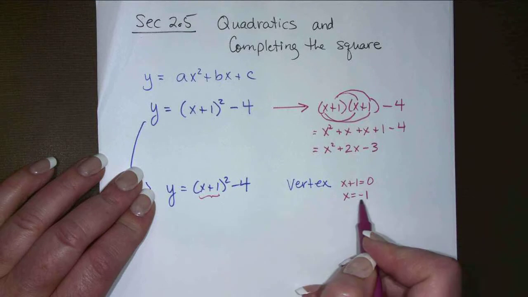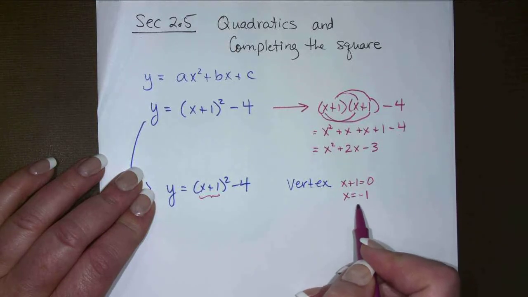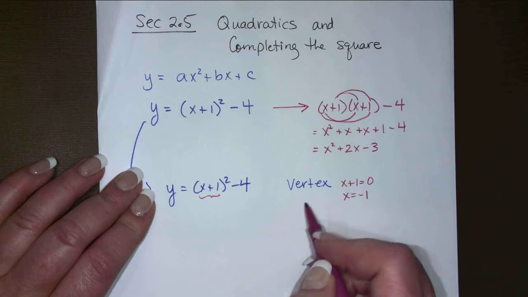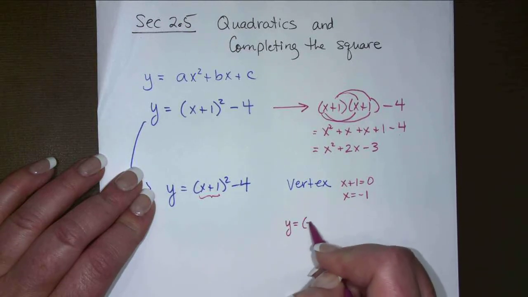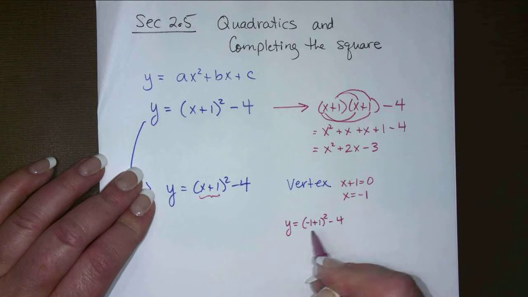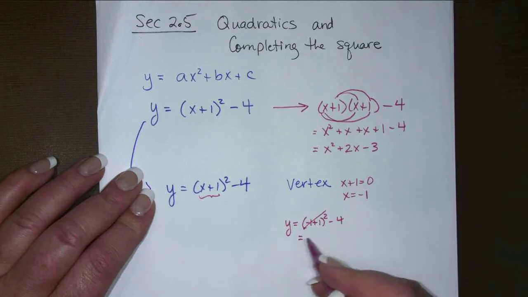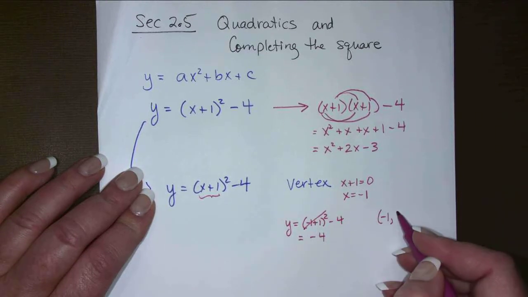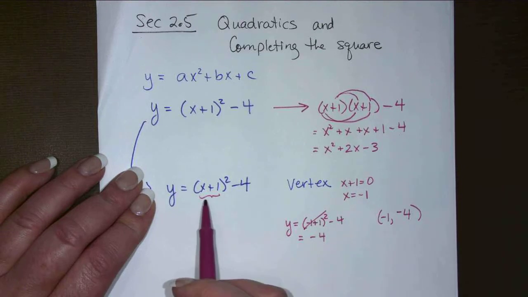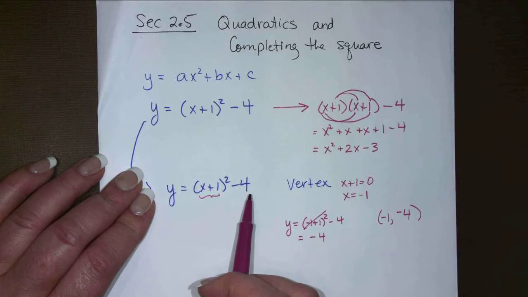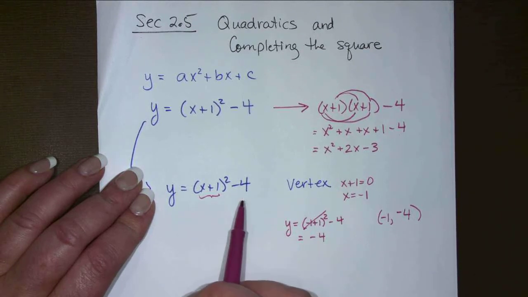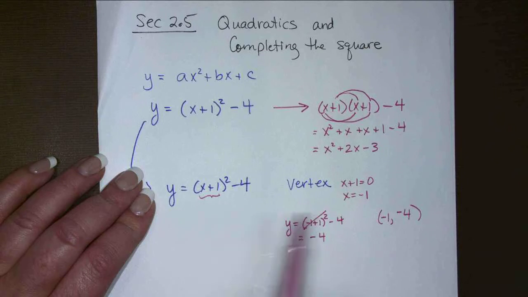Just like last time, if we find the x value of the vertex, we plug it in and we get the y value. So if we plug this in, what do we get? That's 0, isn't it? Which is actually how we found it, was setting it equal to 0. So y is equal to minus 4. So actually we just need to look at this and say, okay, what makes that 0 is negative 1, and this number is the y value, negative 4. So the vertex we can read off of it quickly if we needed it.